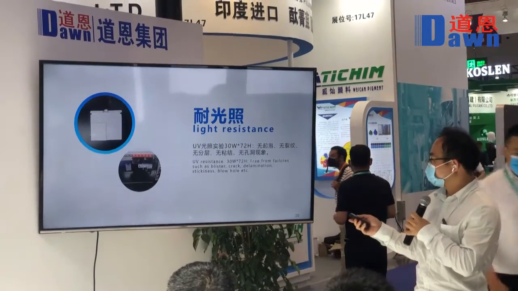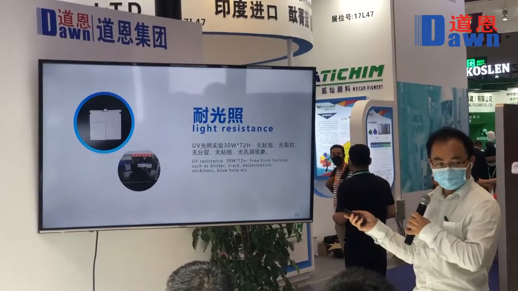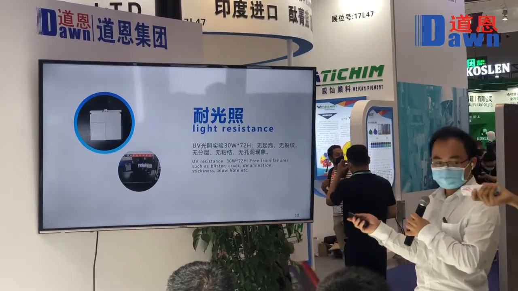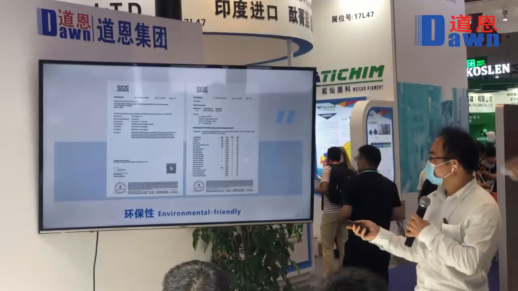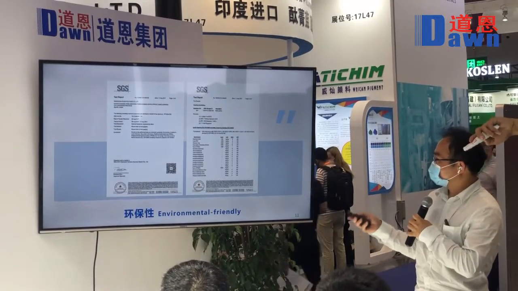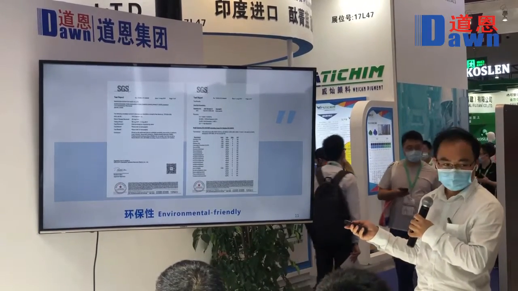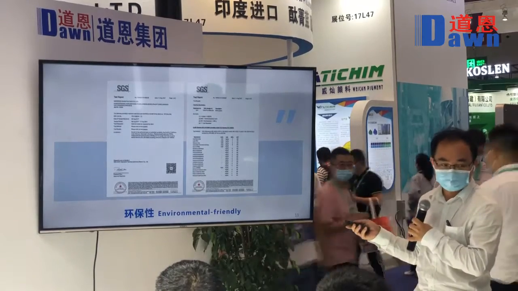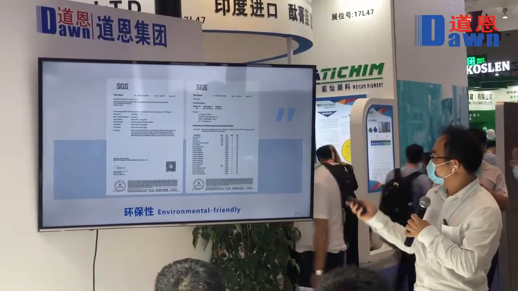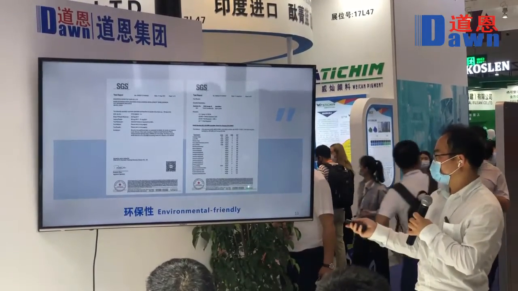And then they say the certificate about the environmental protection. This is the very strict requirements of this material. This certificate tests a lot of parameters of this product. And another property is the tear strength.